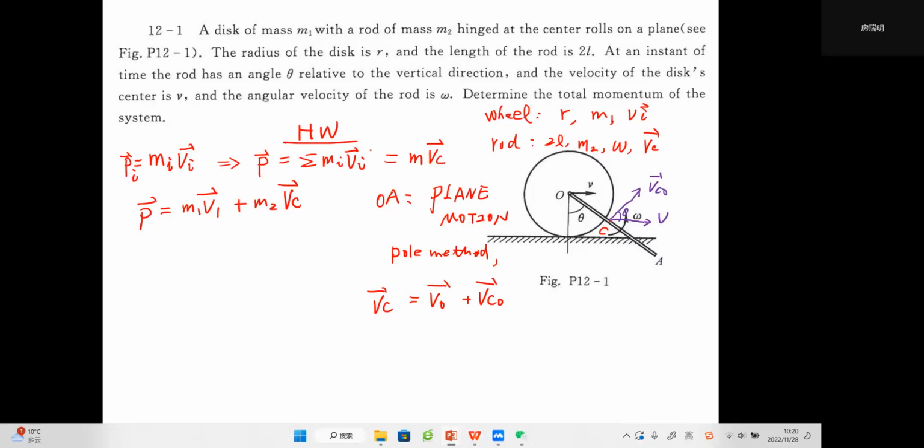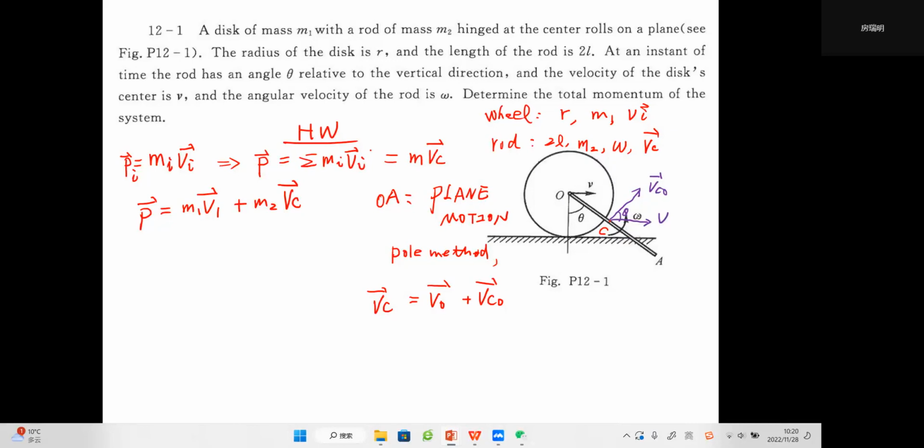Because this angle has two sides, each side perpendicular to the other angle's side. This one is perpendicular to this one, and this horizontal one is perpendicular to this vertical one. So these two angles will be equal, right?